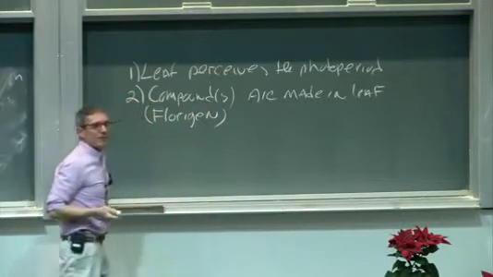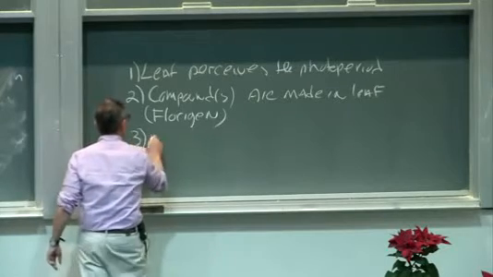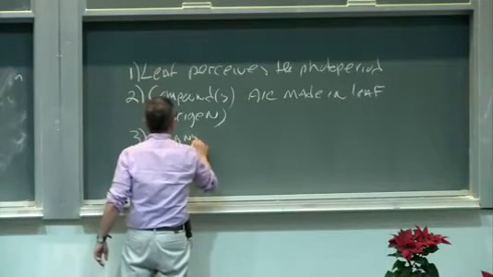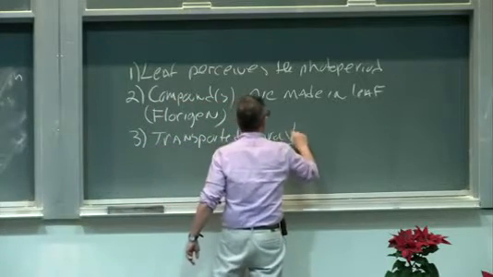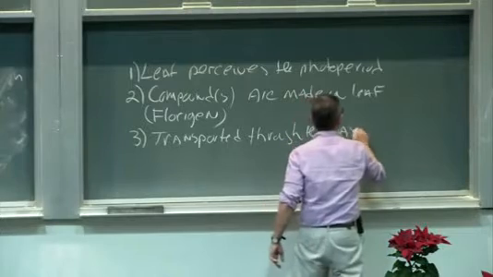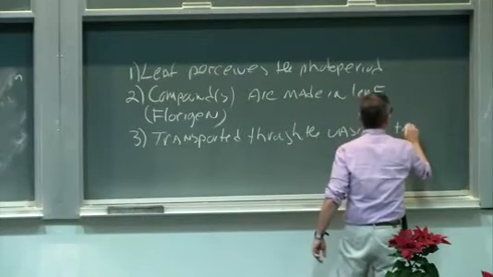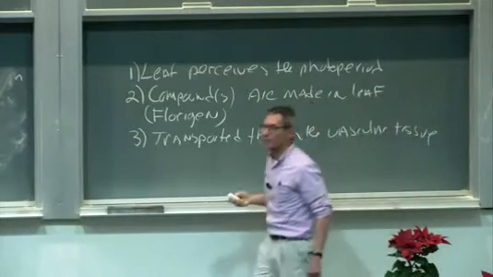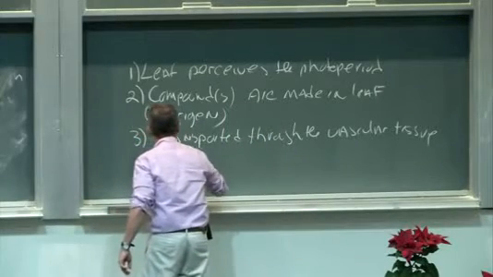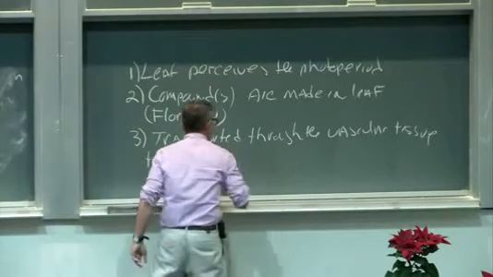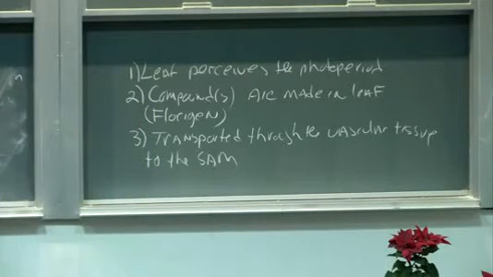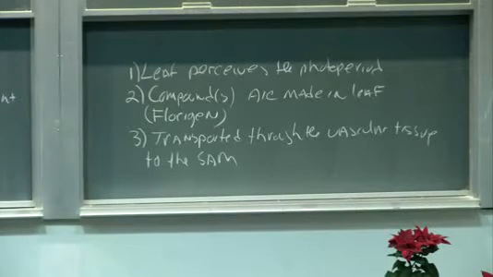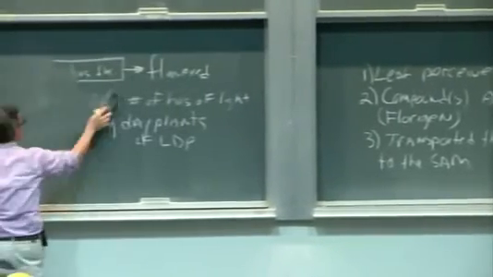So it's made in the leaf, and then it is transported through the vascular tissue to the shoot apical meristem. Very interesting phenomena.